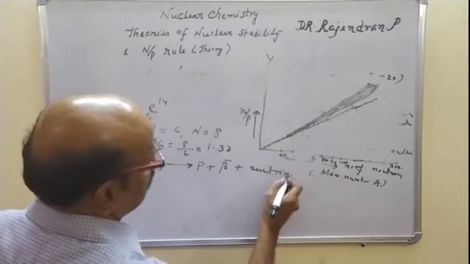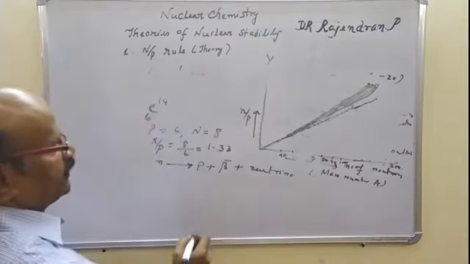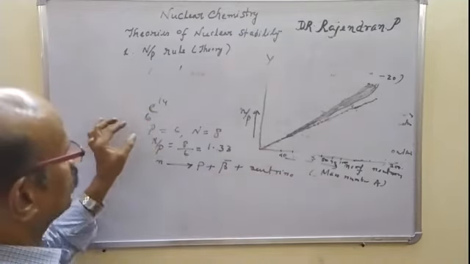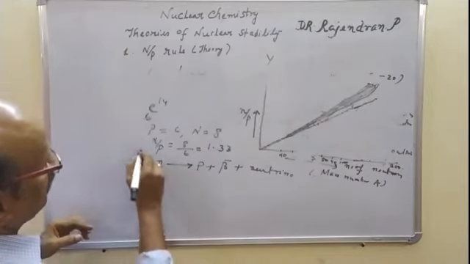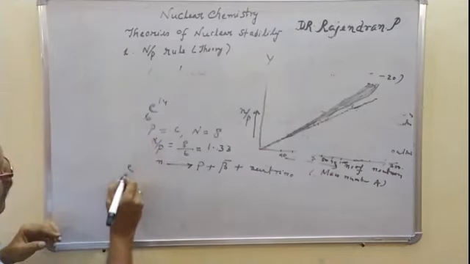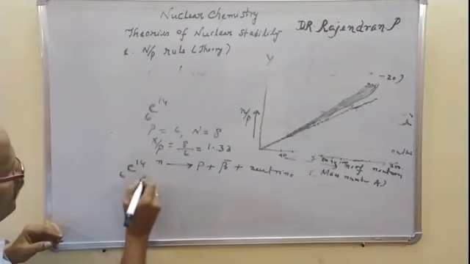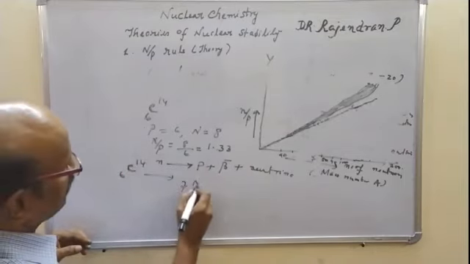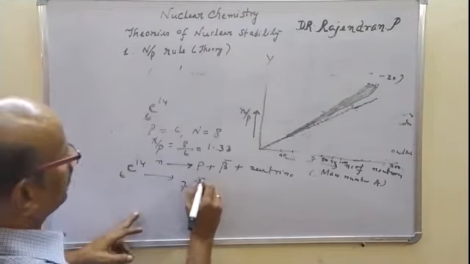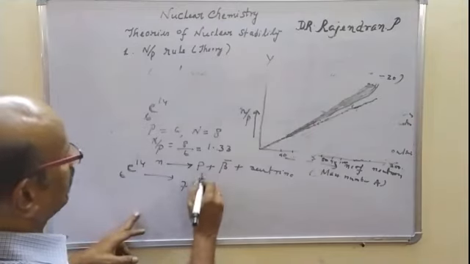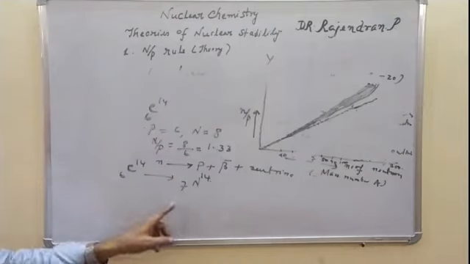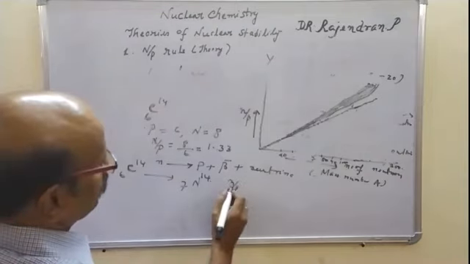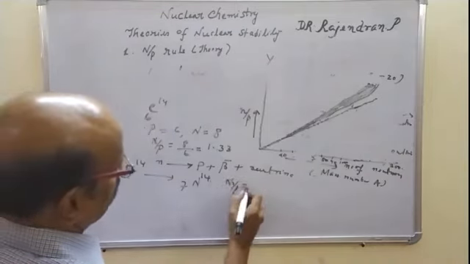This is the emission, this is an electron, a beta particle. So it is beta emitting, and carbon-14 is converted to nitrogen-14, so that the N by P ratio is equal to 1.